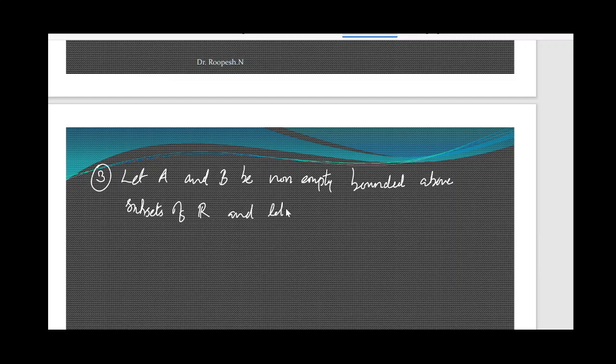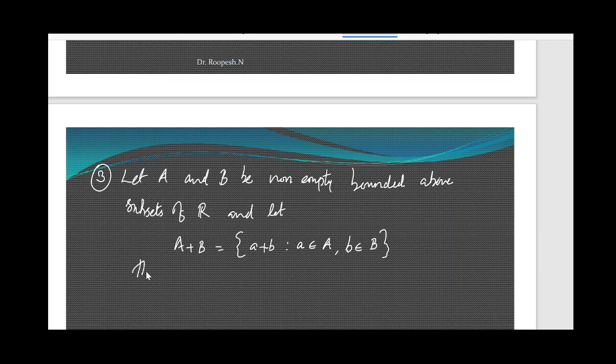Let capital A and B be non-empty bounded above subsets of R and let A plus B equal to the set of all a plus b such that a belongs to A, b belongs to B. So A plus B is a plus b such that a belongs to A and b belongs to B.